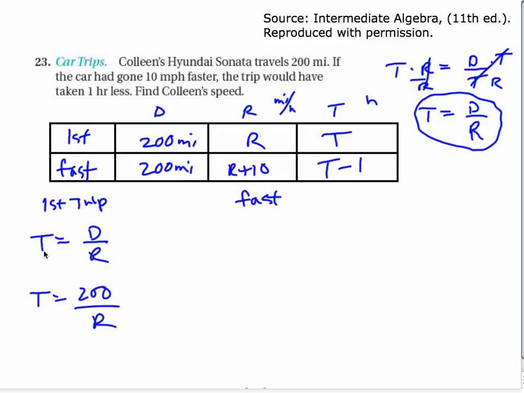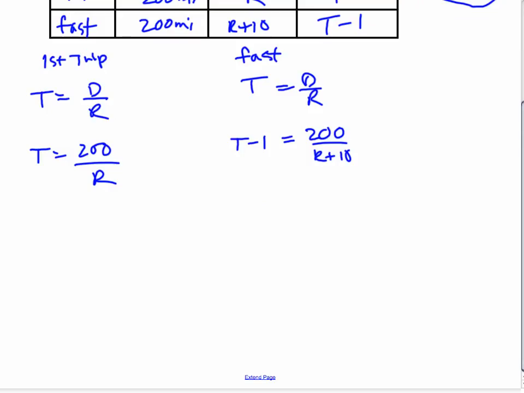Here's my formula, t equals d over r. This time my time is t minus 1 equals the distance, still 200, over the rate, which this time is r plus 10. So now I've got two equations in t and r, and so I can solve.